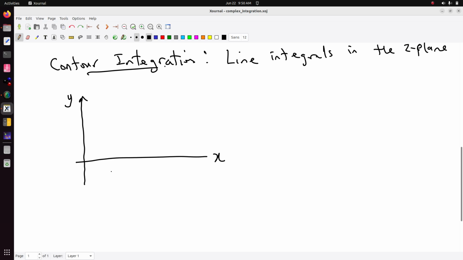Okay, now we have a curve. Let's say we have this curve C. Let's say this point is point A and this point is point B. So this curve is C. The name of this curve is C. Now, at each point on this curve C, there is a function that depends on z.